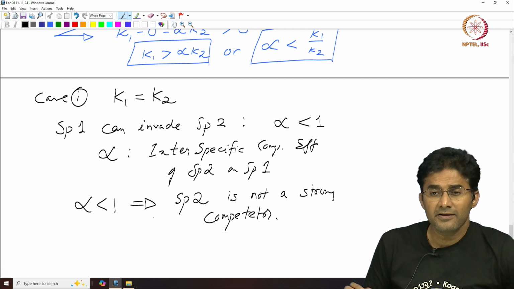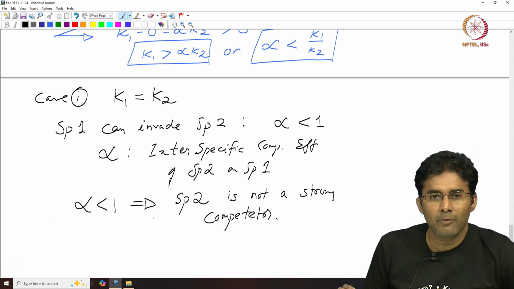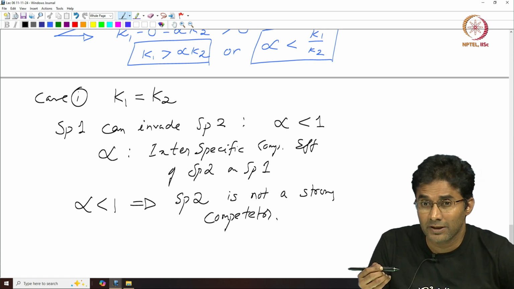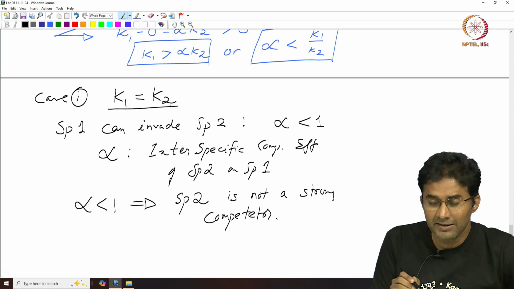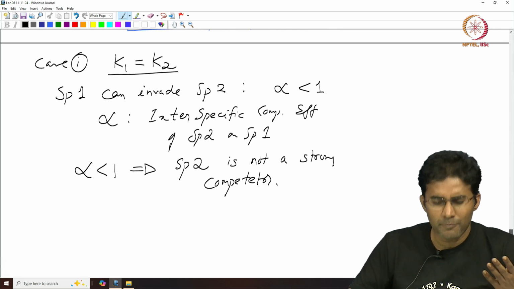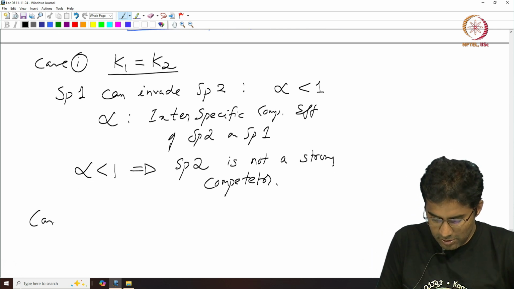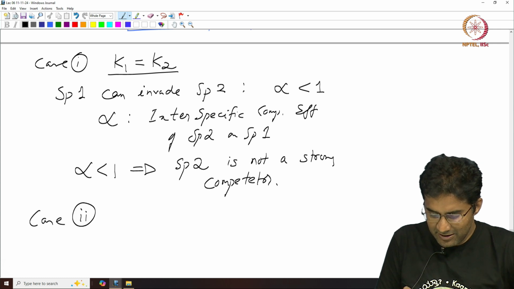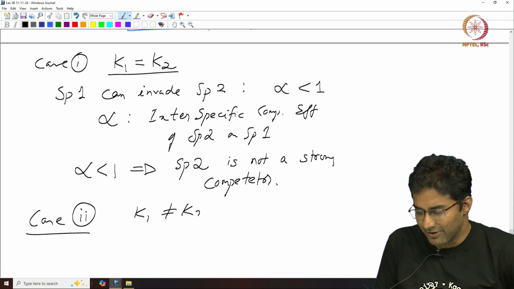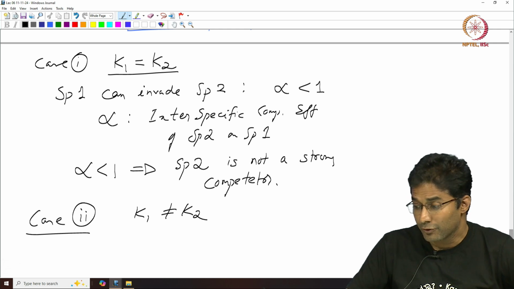So, when species 2 is not a strong competitor, that is precisely when species 1 can invade species 2, right. This condition K1 is equal to K2 really helps us understand that, but remember that K1 need not be equal to K2. So, I gave that special condition to understand the issues better, but K1 and K2 need not be same.